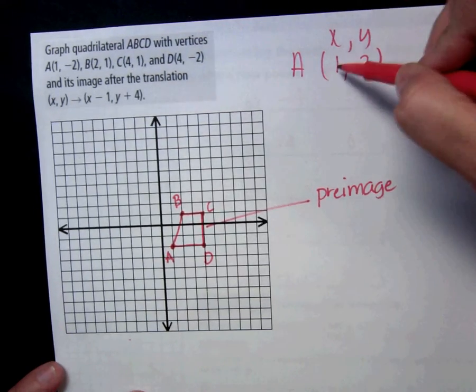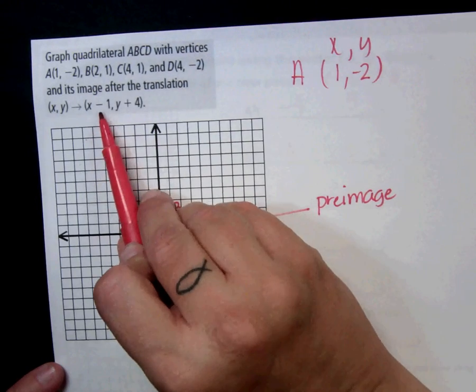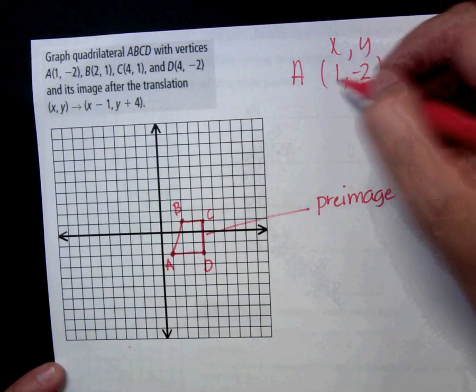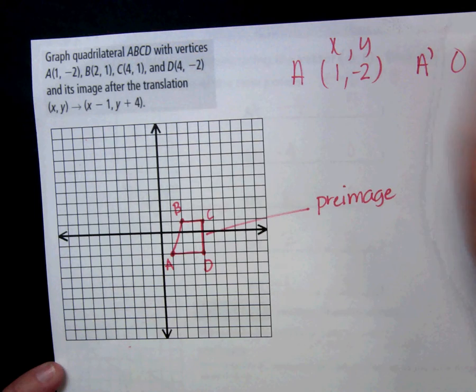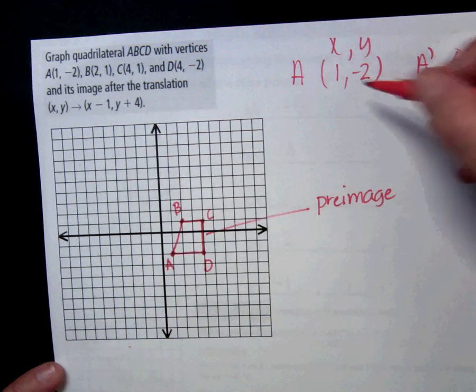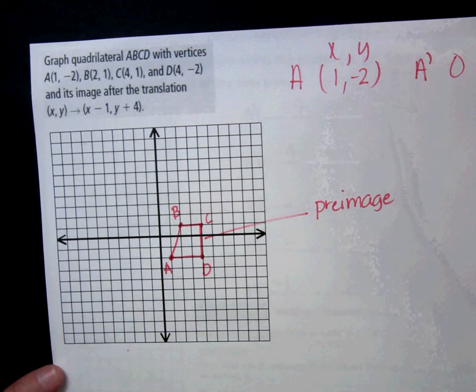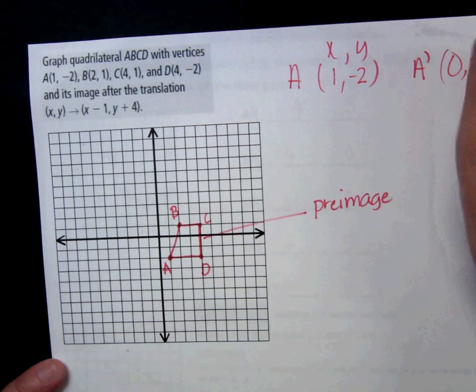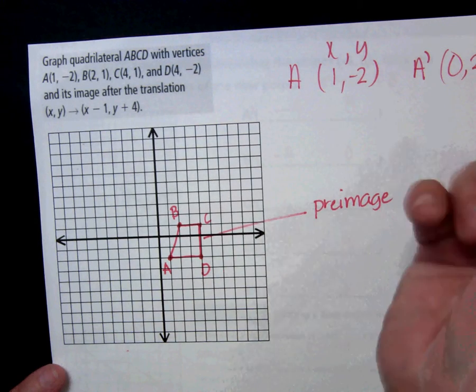What am I going to do? It tells us right here, x. We're going to subtract 1. So for our A prime, 1 minus 1 would give us 0. And over here for our y, we're going to add 4. So a negative 2 plus 4 is going to be 2. So my new coordinate for A prime would be 0, 2.